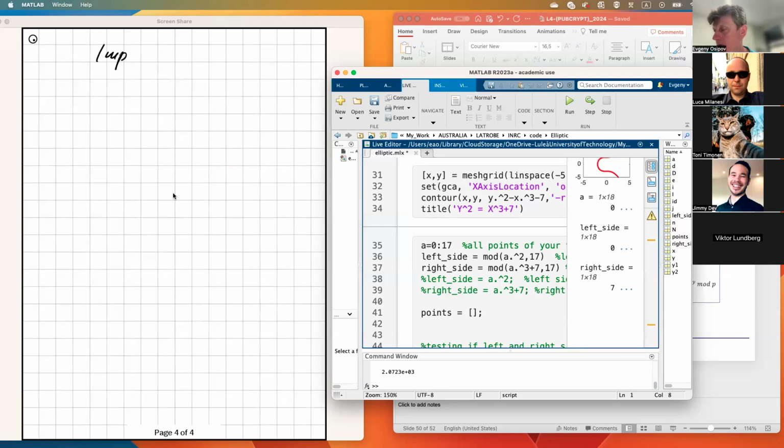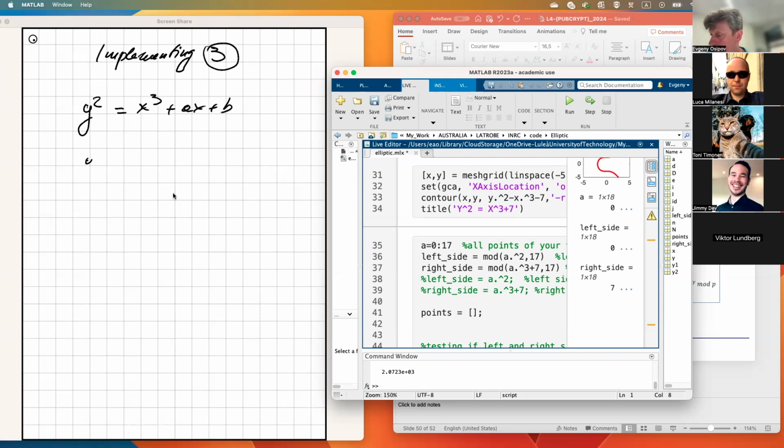So implementing 3. So you have y square equals x cubed plus ax plus b. And if you want to implement 3, you do the following.